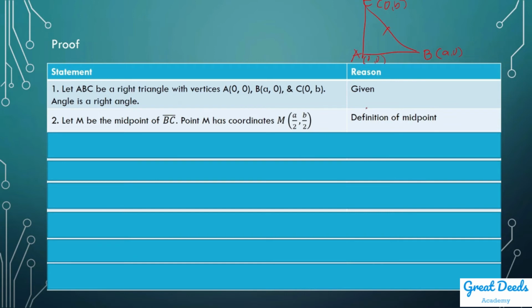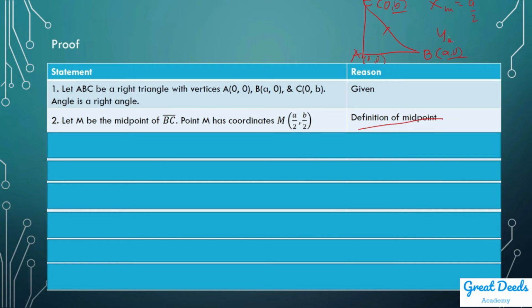M has coordinates (a/2, b/2). Now, where did that come from? Well, it came from our definition of the midpoint. So given these 2 points, how do we locate the coordinates of the midpoint? So the x-coordinate is going to be equal to 0 plus a divided by 2, so that is just a/2.